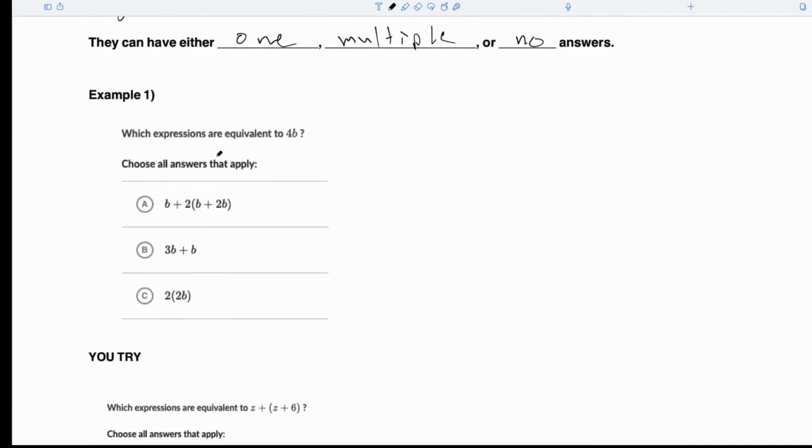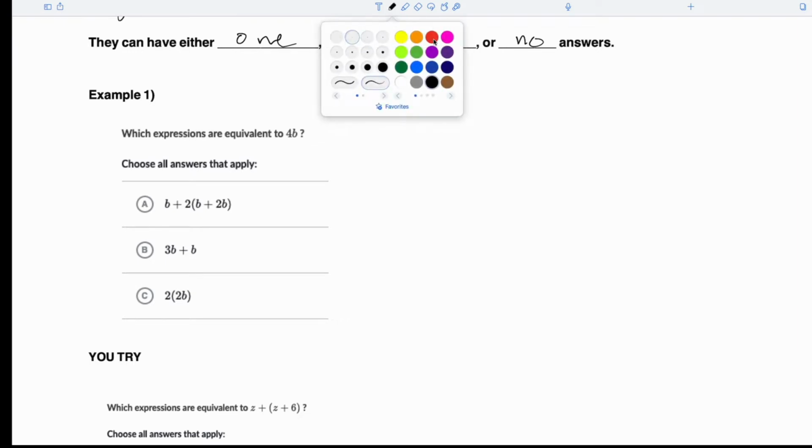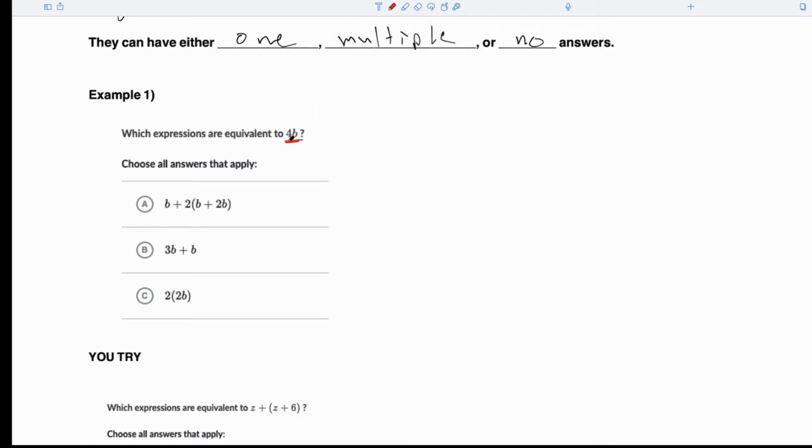So our whole goal when you have these types of questions is to hunt through all of your answer choices and find one that is equivalent or equal to 4b. Which expressions are equivalent to 4b? Choose all the answers that apply. Circle all, underline 4b. There might be 2 answers. There could be 3 answers. There might be 1. Or there might be none.